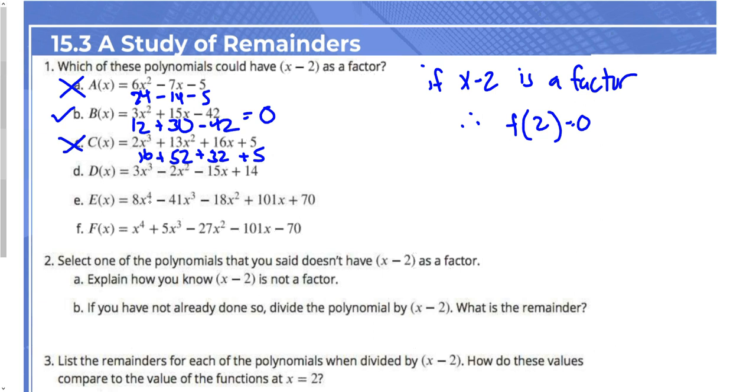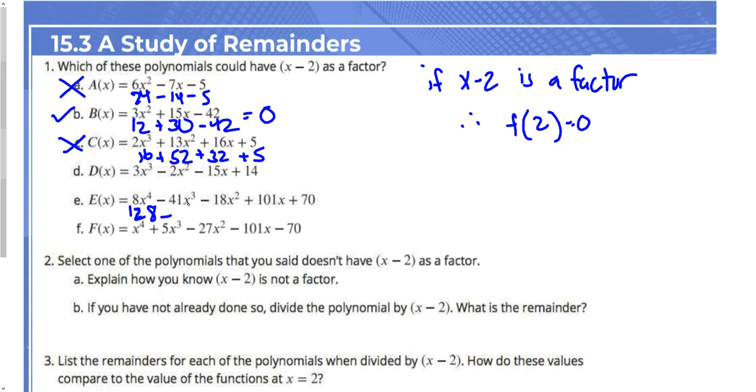So 2 to the 4th is 16. 16 times 8 is 128. Yeah, 16 times 8, because it's going to be 4 plus 8. Yeah, 128.